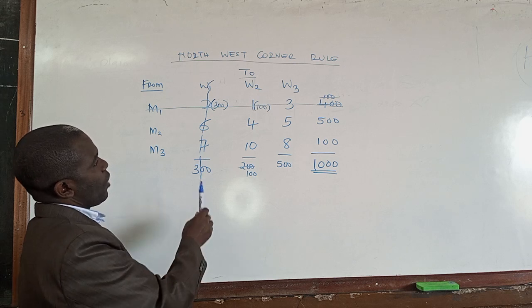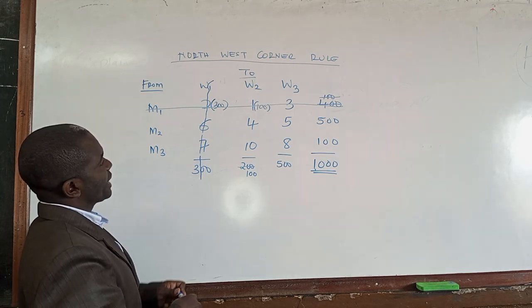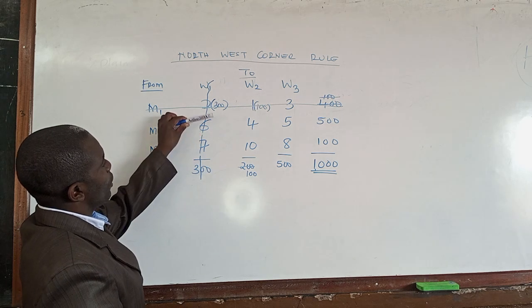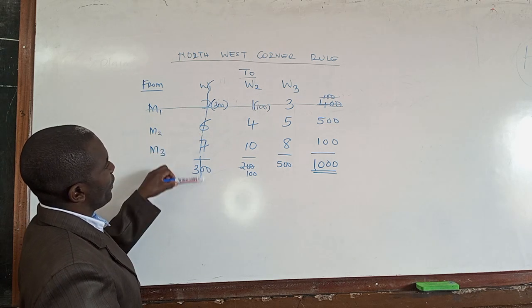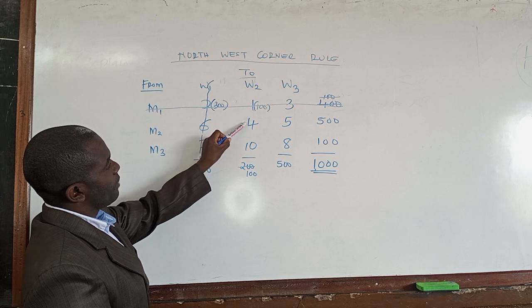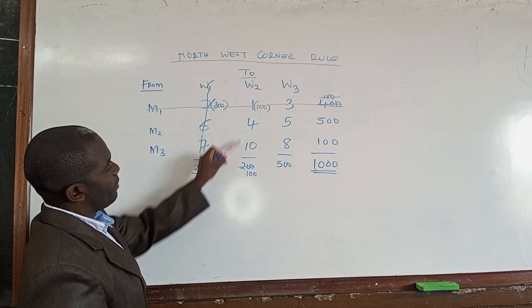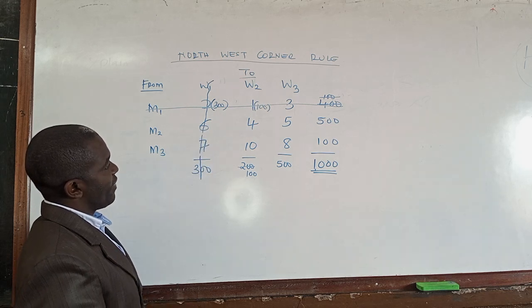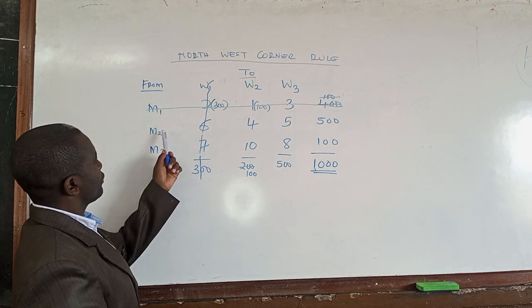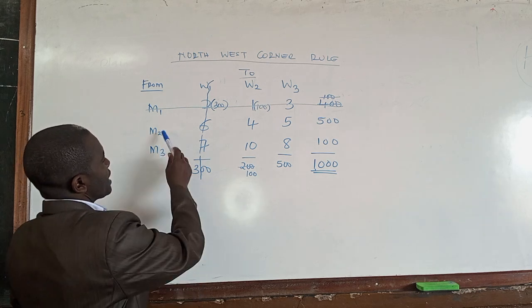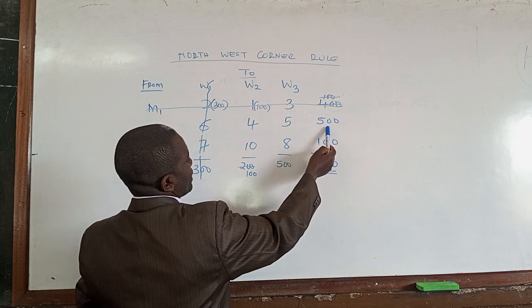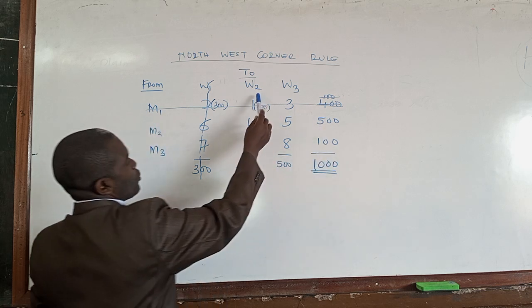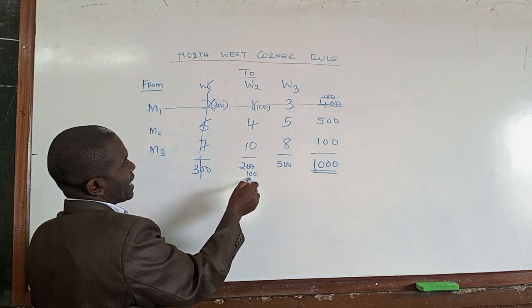Having done that, we go to the next row. Because W1 has been filled up, the next row will only be W2. W2 has a capacity remaining of 100. Therefore, we look at the capacity for M2. M2 is giving us 500 units, but W2 only requires 100 units.